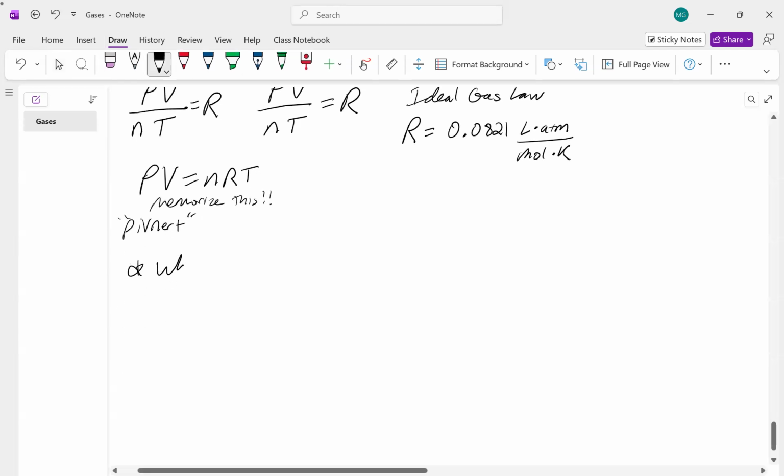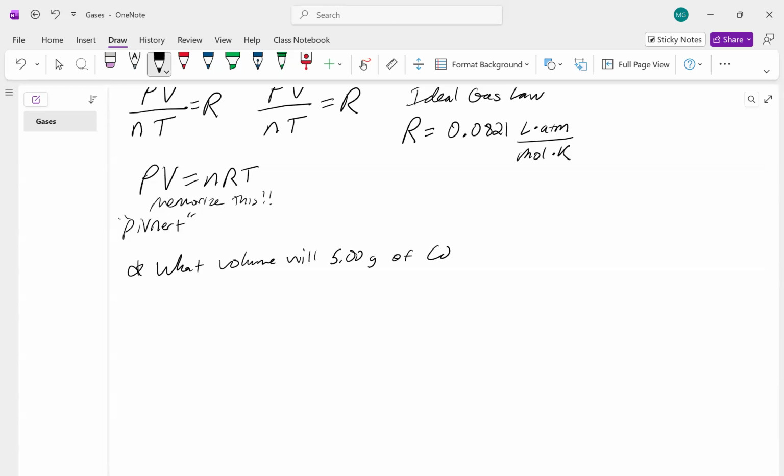So, for example, what volume will 5 grams of carbon dioxide occupy at 735 torr and 25 degrees Celsius?